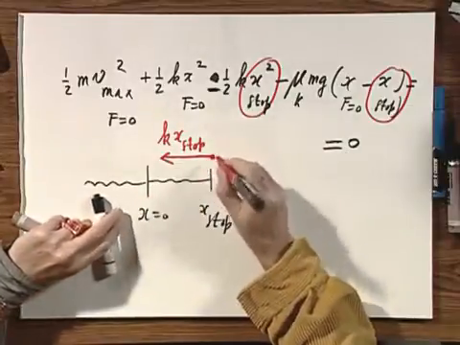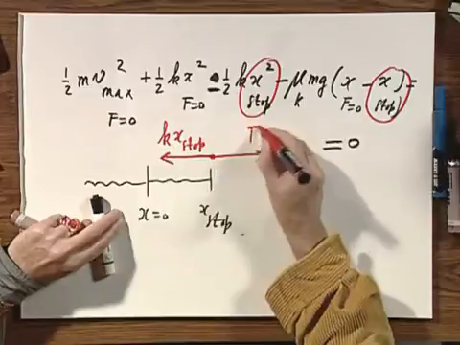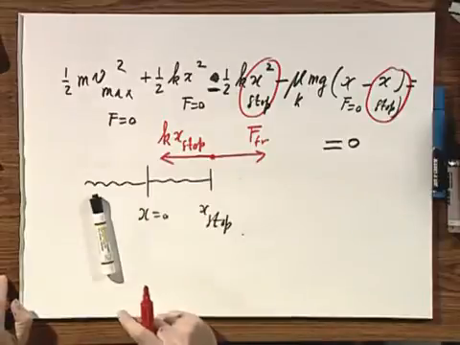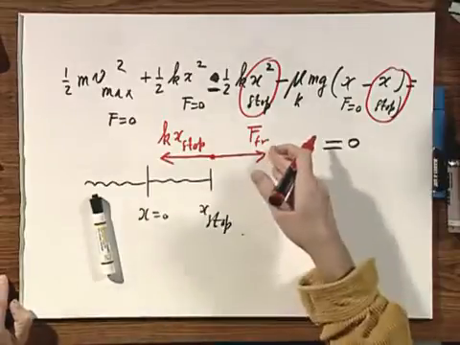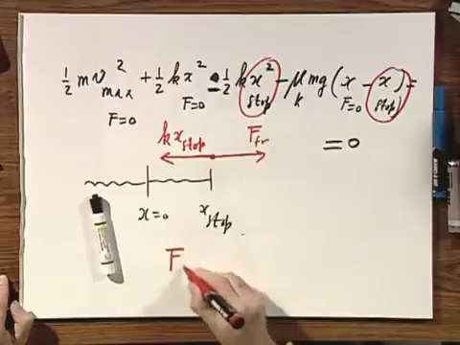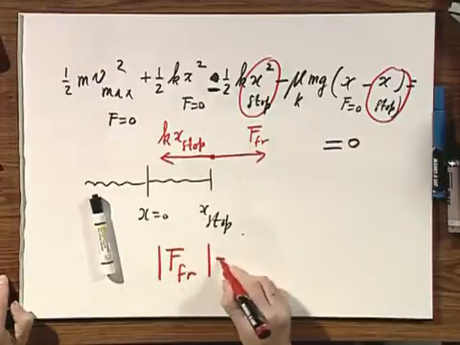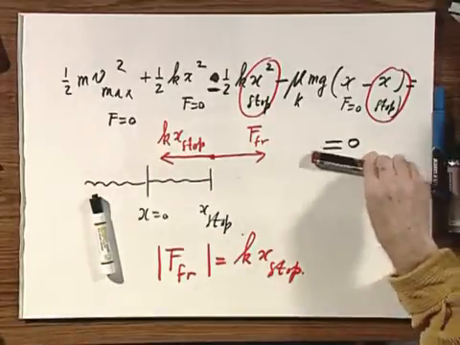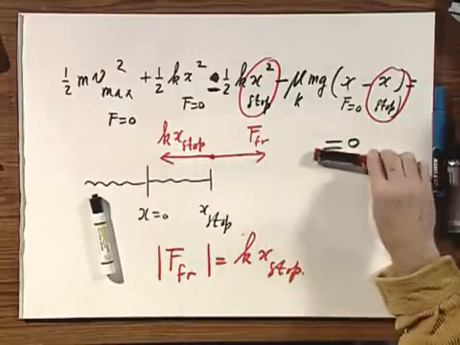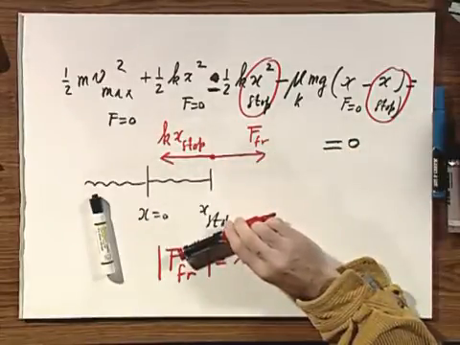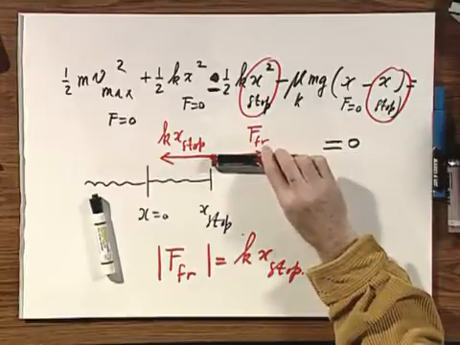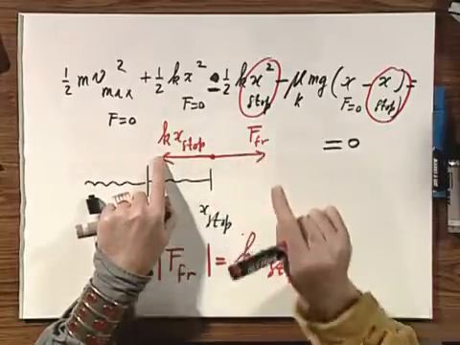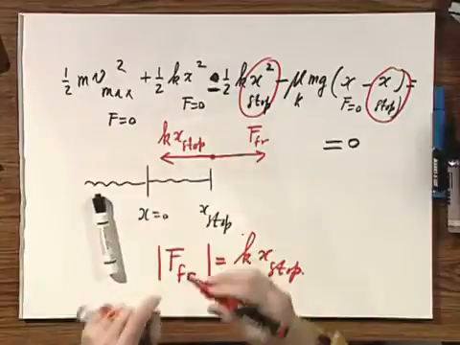The moment, however, that it comes to the stop, instantaneously the frictional force will be exactly the spring force. So there is a sudden drop in the frictional force, and the frictional force becomes exactly k x_stop. As it comes in, the frictional force is larger than this one. It remains constant. And then all of a sudden, when it comes to a halt, the frictional force adjusts itself so that it exactly cancels the k x_stop.